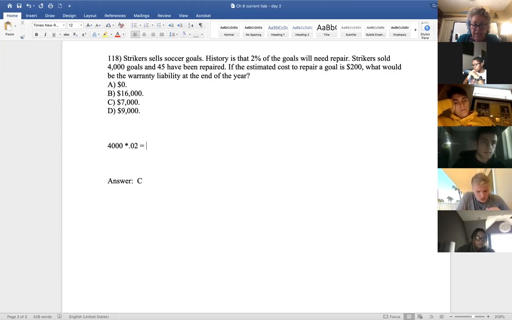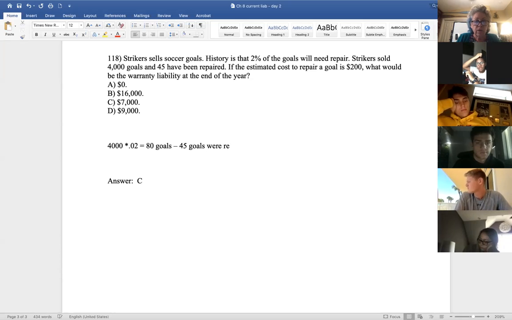So they expect 80 goals will come back for repair. Now, how many did they actually repair? 45. So 45 goals were repaired. So how many goals are left to be repaired? 35.